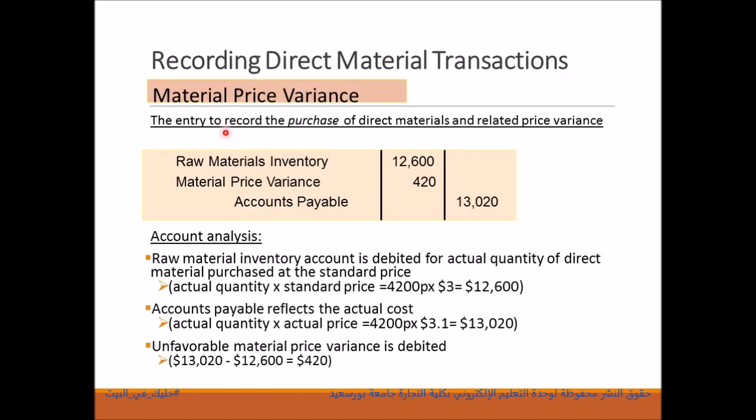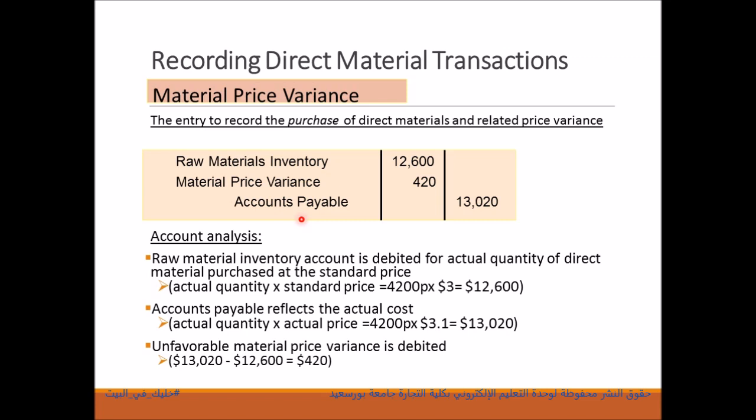The first entry that should be made is to record the purchase of direct material and related price variance. To record the purchase of direct material, we debit raw material inventory by the standard price of the actual amount used and credit accounts payable by the actual price of the actual amount used to produce the 1000 product unit.